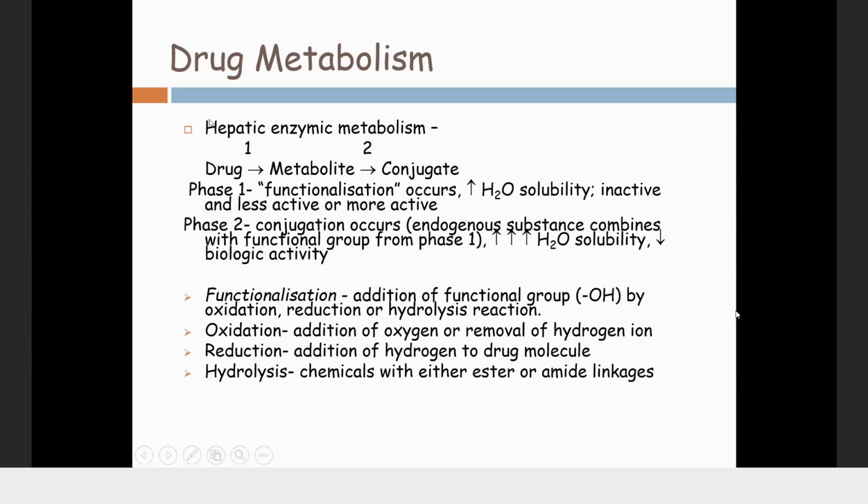Drugs that are converted to metabolites. So that drug, corticosteroid, is a prodrug, which upon phase 1 metabolism becomes an active metabolite. The metabolite, prednisolone, is the active metabolite, which has the anti-inflammatory property.